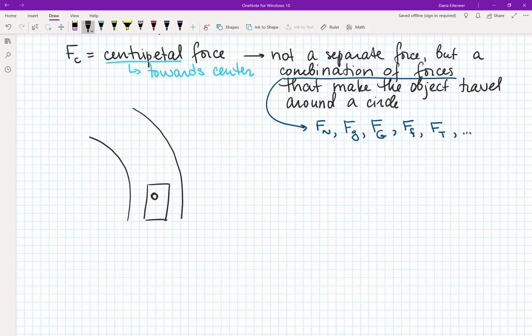Here is the driver. So this car is traveling tangent to the circle. So here is the circle, right? So here is the path that this car would take. And at this point in time, right here, its velocity is tangent to the circle, right? So this is just a part of a bigger circle like this, okay?